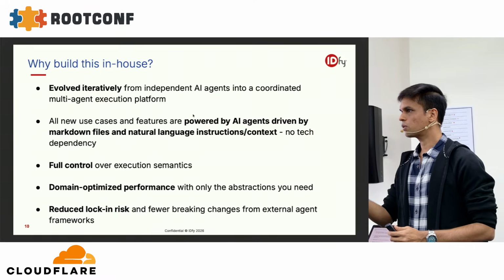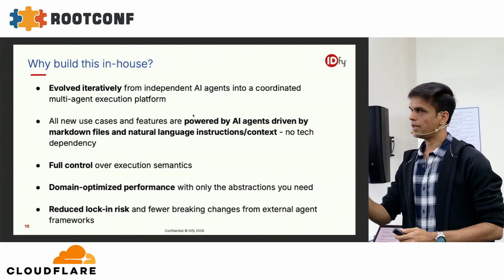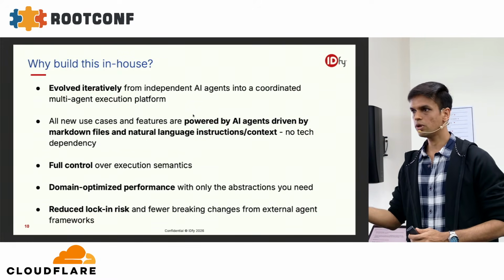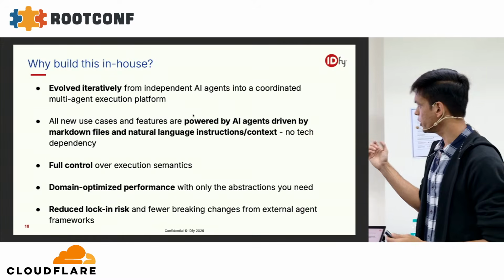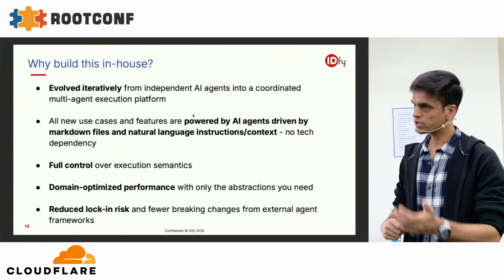In some cases, they could leverage the existing tools that we have, or we can create custom ones, and then they just plug those markdown files into our framework, and everything else works seamlessly. So by building this in-house, we have reduced tech dependency, and we are able to play around with new use cases very quickly.